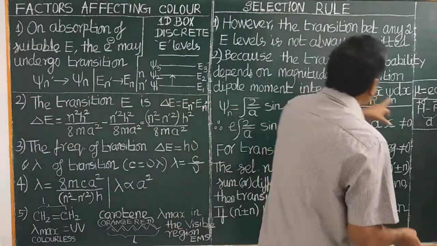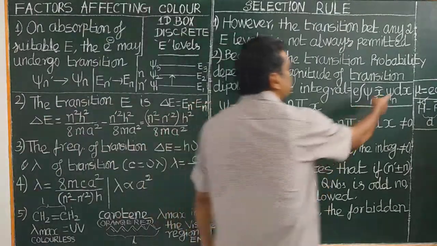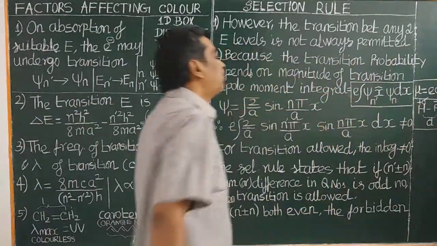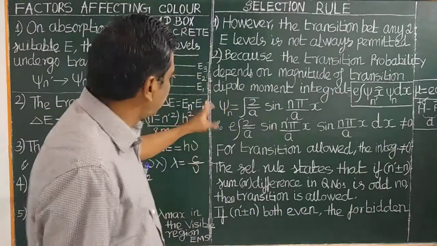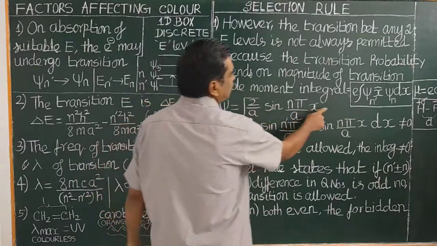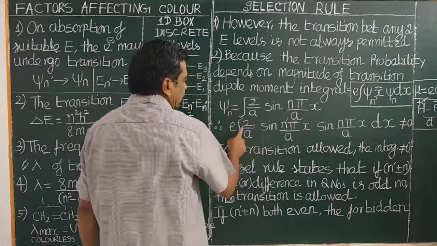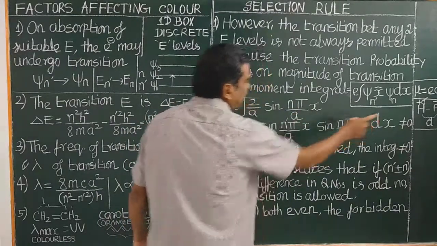x is calculated by using the average value theorem or expectation value theorem we have studied in the postulates of quantum mechanics. For the particular one-dimensional box, the wave function is known. Therefore, substituting psi n prime and psi n, integral of psi n prime x psi n dx.